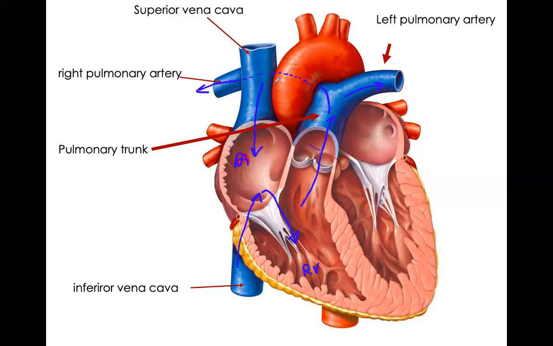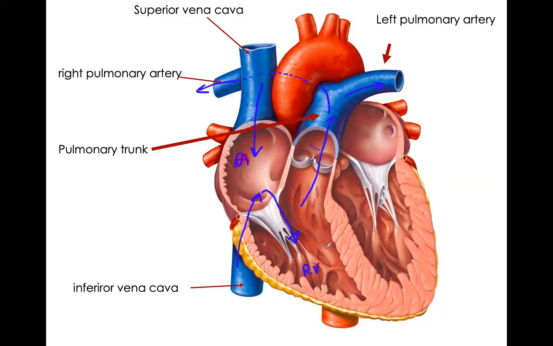So up to this point, we have understood that the blood on the right side of the heart is deoxygenated. It comes through the superior and inferior vena cava and empties into the right atrium. From the right atrium, it empties down to the right ventricle. And the right ventricle is going to pump that blood through the pulmonary trunk and eventually through the right and left pulmonary arteries, which are destined for your lungs.